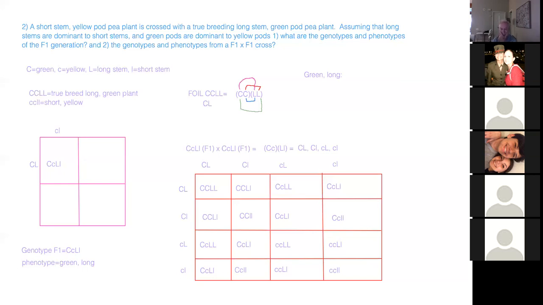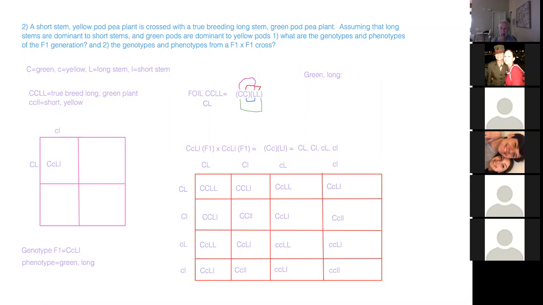So let's look at the third column, the one that has the big C, little c, big L at the top. Go down to where it's crossed with the little c, big L, and we get little c, big L, big L. What is that phenotype? Yellow long stem.